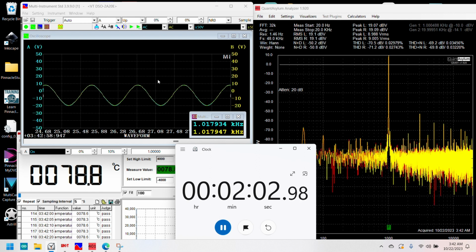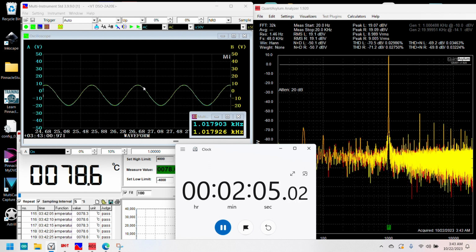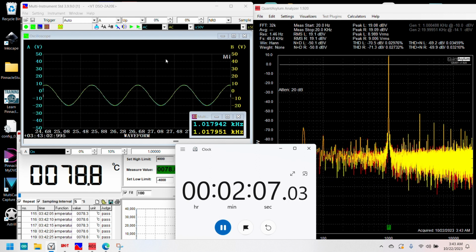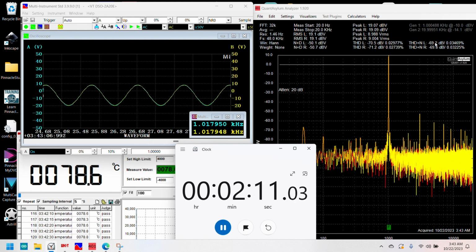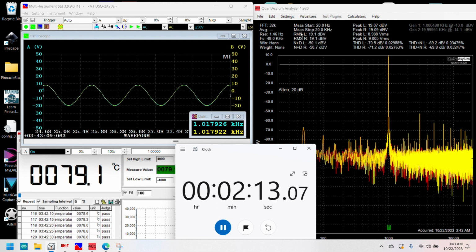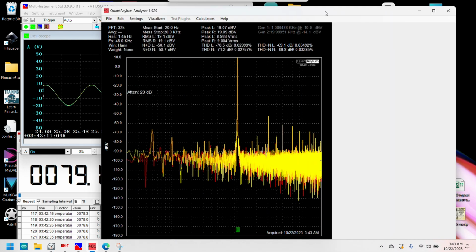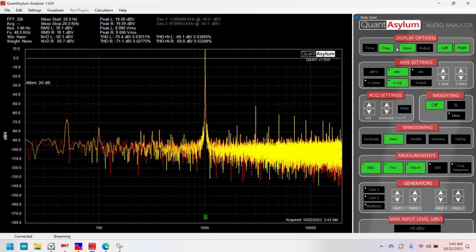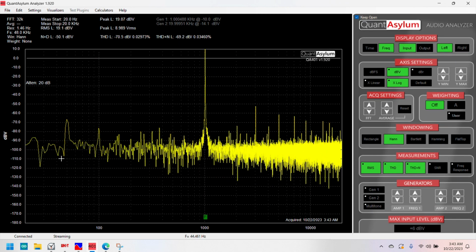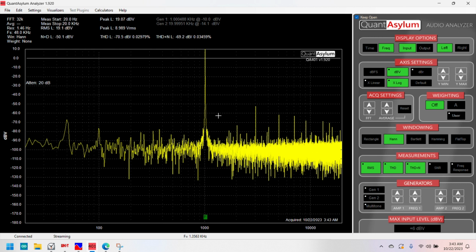By the way, the yellow one in here is the left channel, and the blue one is the right channel, while the one in here, I can put that into maximum so we can see it. If we wanted to see the left channel only, this is the yellow one.